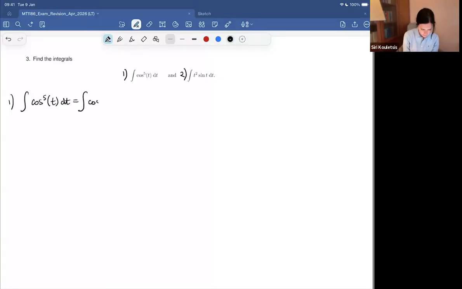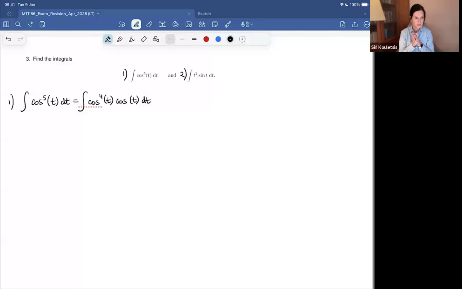In order not to keep you waiting for too long, I propose this rewriting. Instead of writing cos t to the power of 5, let's write cos t to the power of 4 times cos t as the integrand.